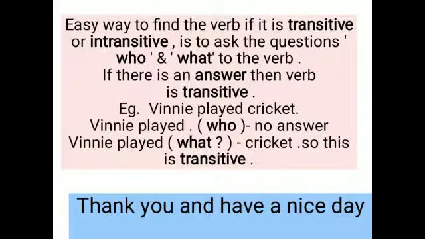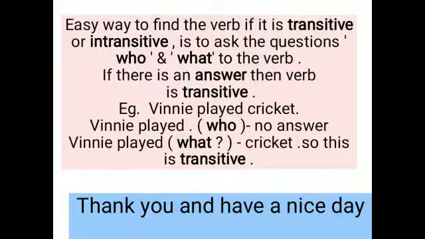So now I will tell you the easy way to find out whether the verb is transitive or intransitive. If we ask the question who or what to the verb, then we can know whether the sentence is transitive or intransitive. For example, Winnie played cricket.